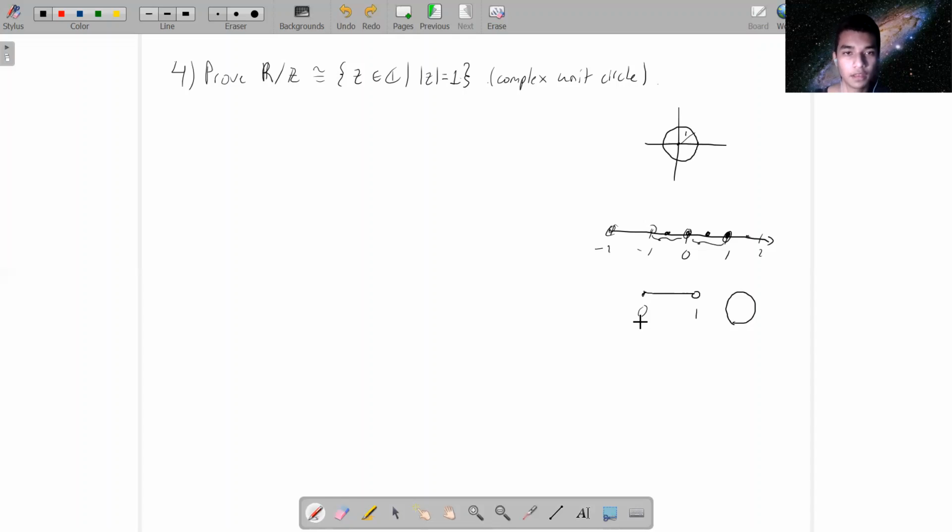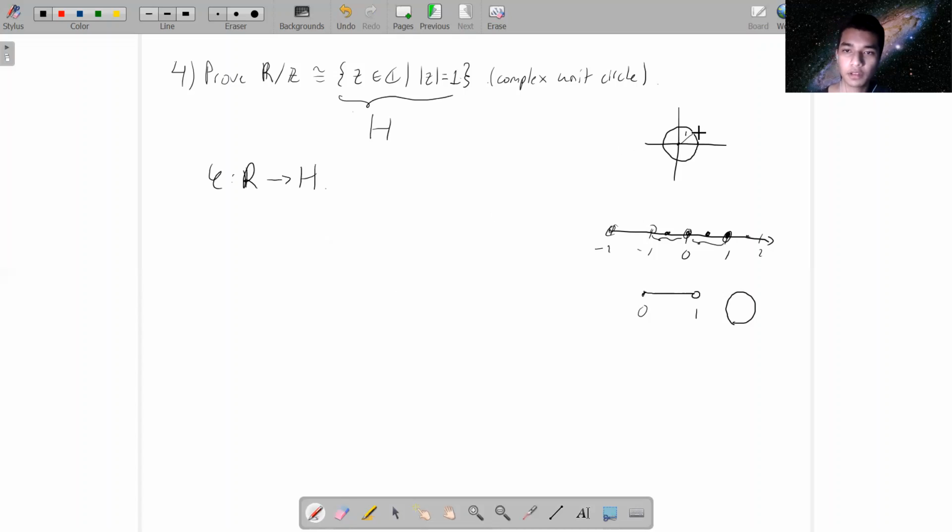Anyway, for this, again, we want some map from R to the complex unit circle, which I'll just abbreviate by H. We want several things from this map. We want it to be surjective, and we want Z to be the kernel.